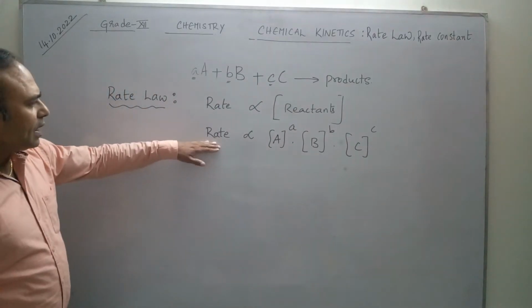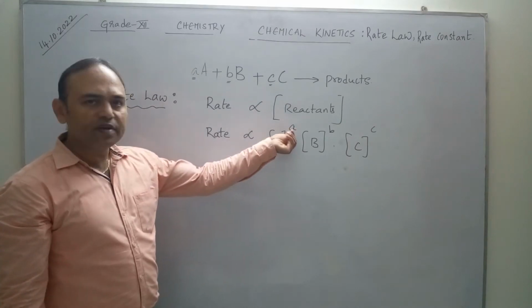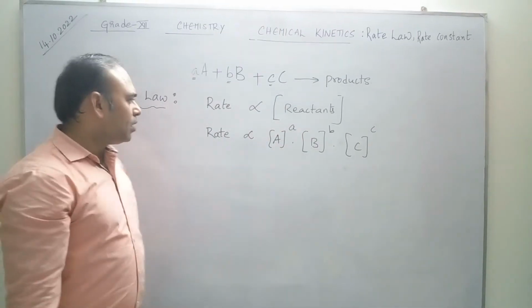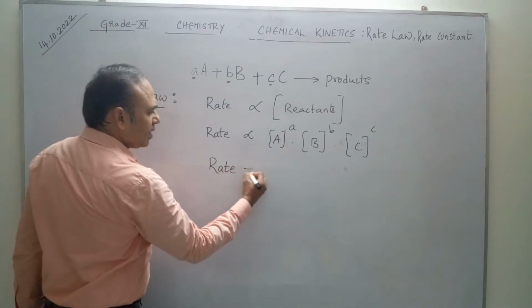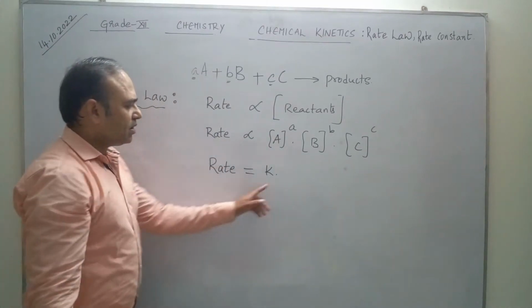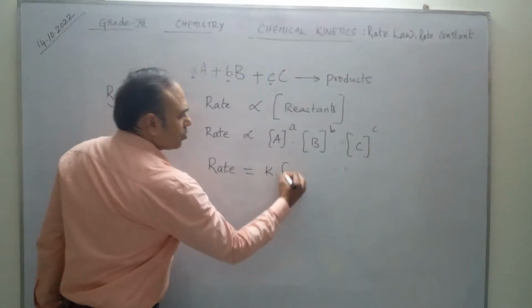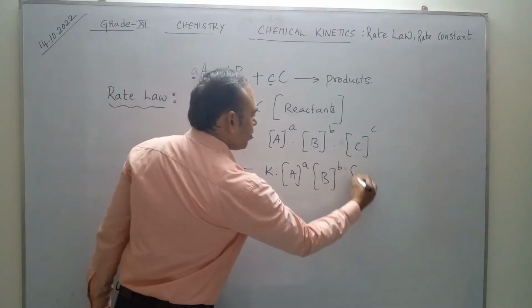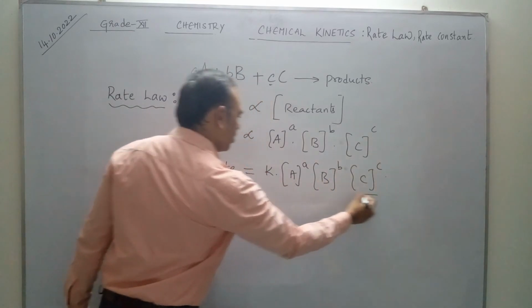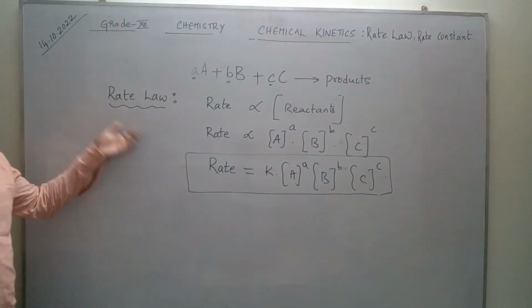So this rate is directly proportional to the concentration of A to the power of its coefficient and so on. To remove this proportionality symbol, we can write a constant k. That k is nothing but rate constant. So A to the power a, B to the power b, and C to the power c. So this is represented by the rate law.